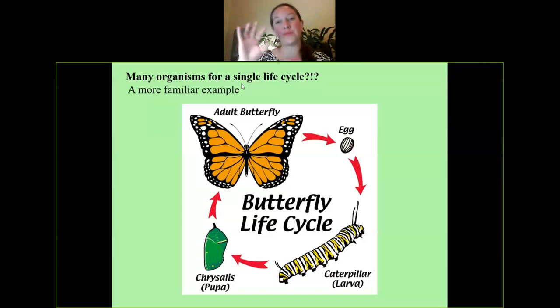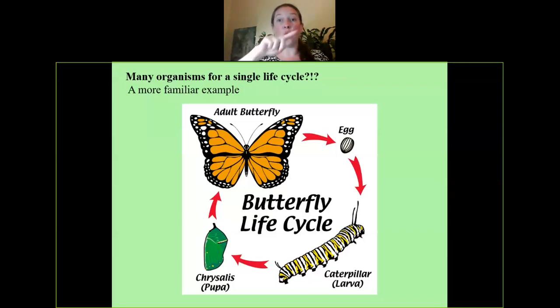So here's a maybe more familiar example. Think of something like a butterfly. A butterfly can't exist without at first having been a caterpillar. You had to have a caterpillar walking around as a caterpillar individual. And that caterpillar will have to undergo things, and then boom, now we have a butterfly.